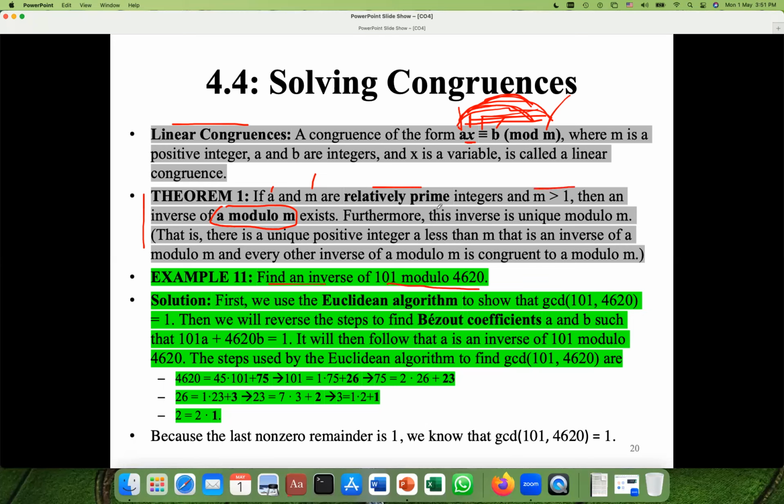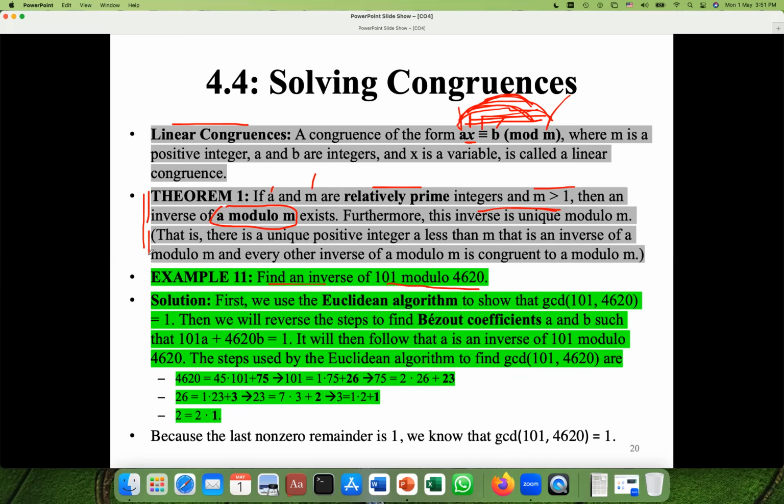And that inverse would be a unique solution for that modulo M. These two lines are enough to keep in your mind for future questions.